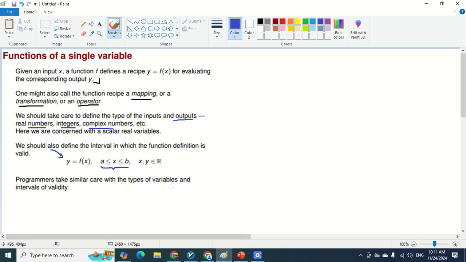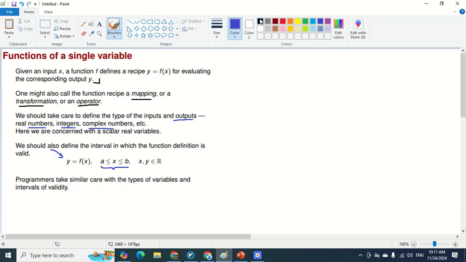If you have ever worked on programming, you realize that at the beginning of the code you should determine the type of the variable, otherwise the program will not accept your variable. So it's important to determine that variable.